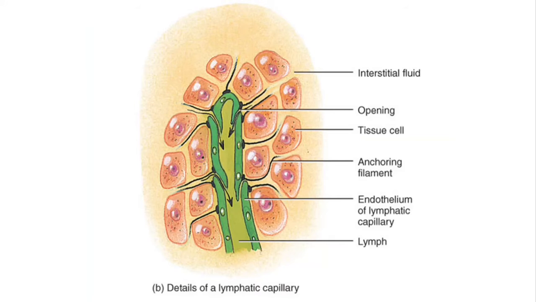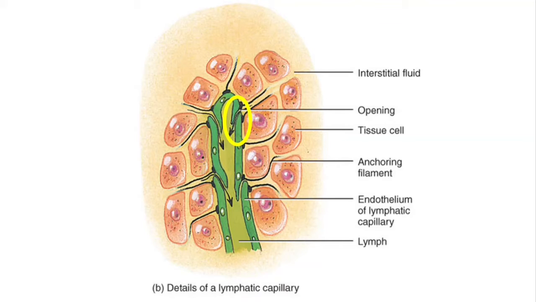This is a diagram showing how special the lymphatic capillaries are. They have the ability to allow large molecules to pass between overlapping endothelial cells.